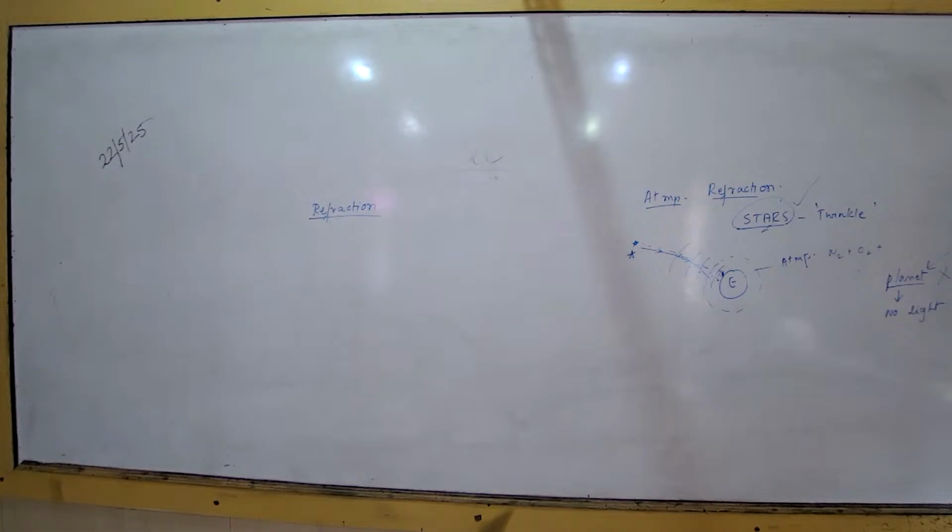See, the planets are much closer to the Earth and thus are seen as extended sources. They are seen as extended sources.